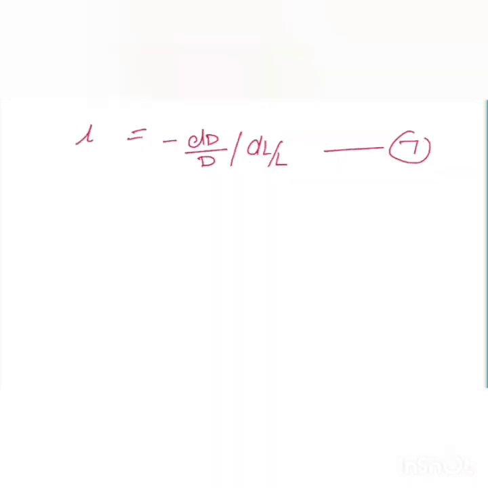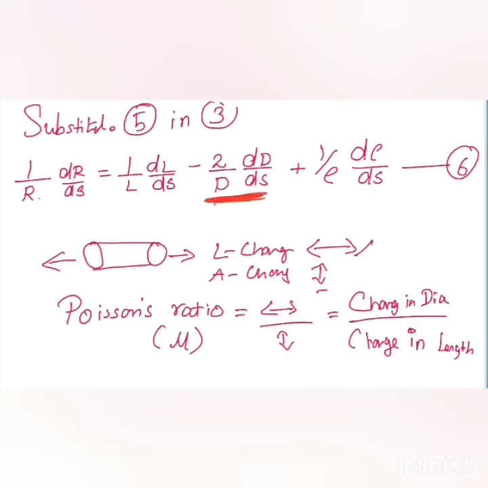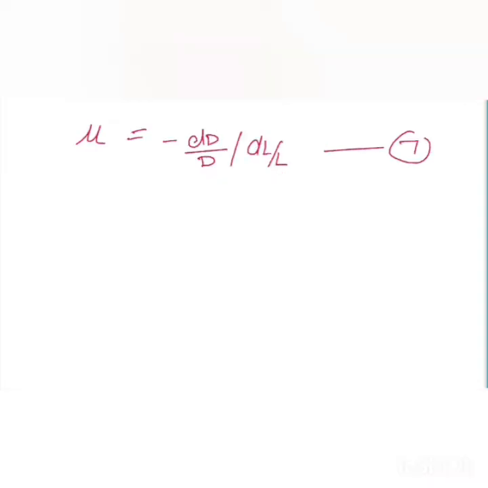So mu is equal to minus dd by d divided by dl by l. So what I'm going to do is rewrite the equation number 7 so that it can match with the equation number 6. You look at the equation 6, we have dd by d here. We have this dd by d here, right? So to match that, I'm rewriting this equation number 7.